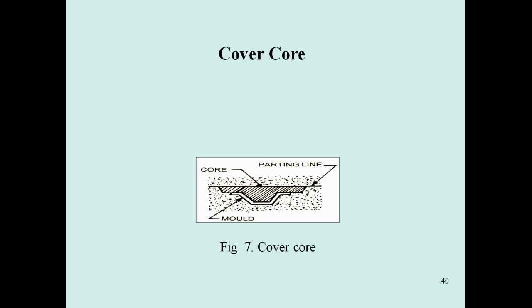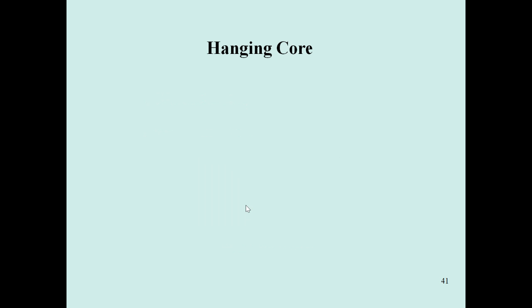Next is the cover core. You can see the diagram of a cover core: mold, core, and parting line. The cover core is mounted on a track, supported by fillets.